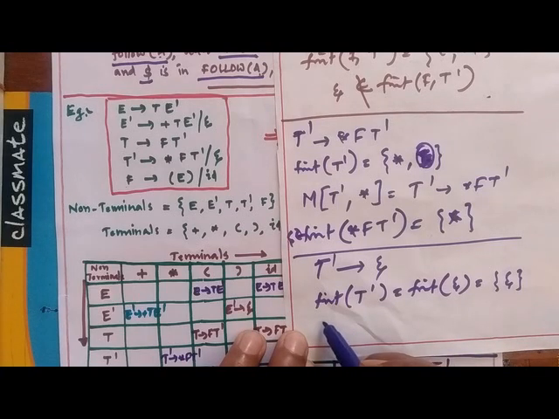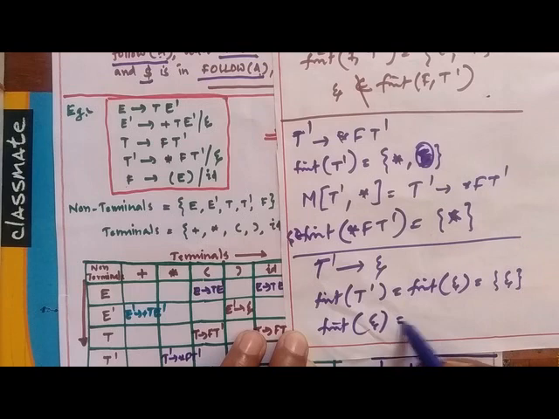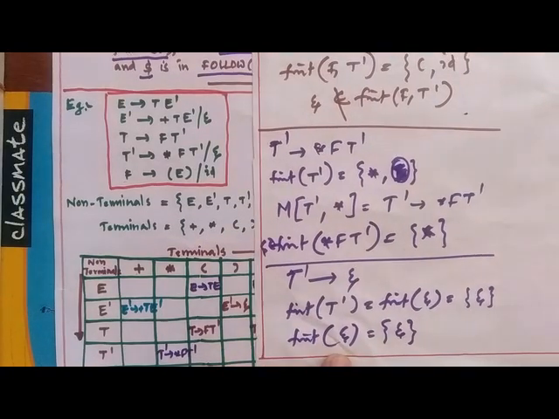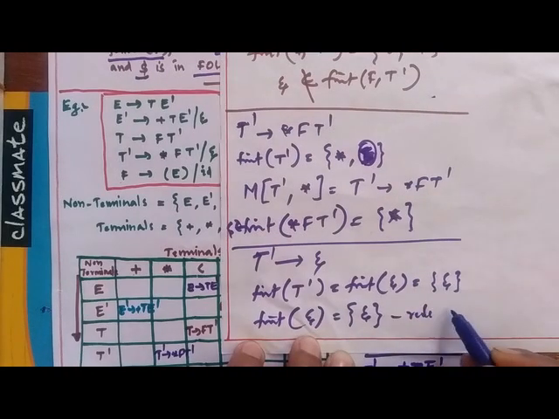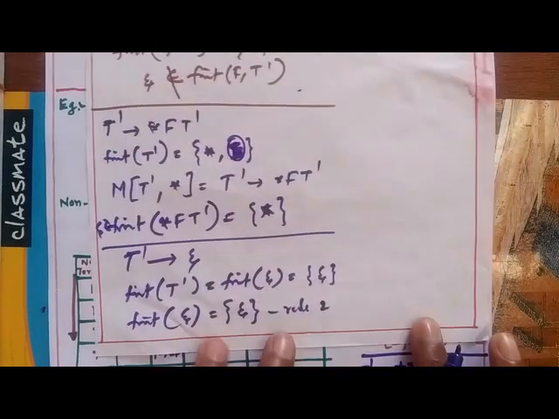Then we need to compute first of epsilon. We know that epsilon is present in first of alpha, so we can apply rule 2.